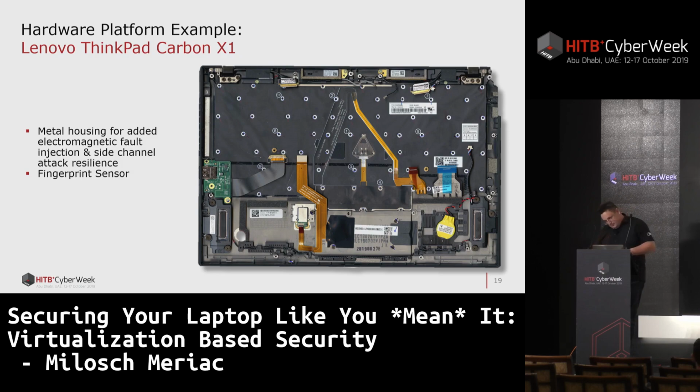And there is a fingerprint sensor. I'm not sure if we do anything with it, because traditionally we don't trust fingerprint sensors very much, because there are a lot of attacks which usually the sensor won't be able to distinguish, where we are able to take off fingerprints from glasses and whatnot and create fingerprint templates to bypass the sensor. So whether we make any use of that is TBD.